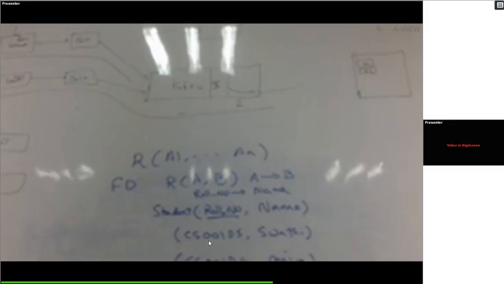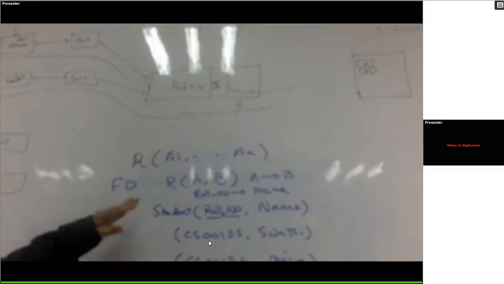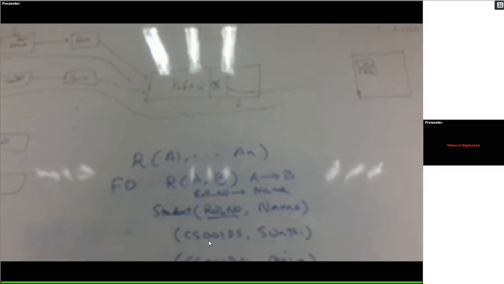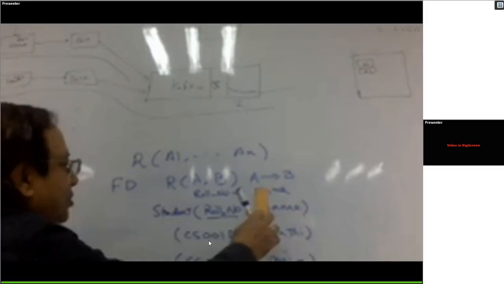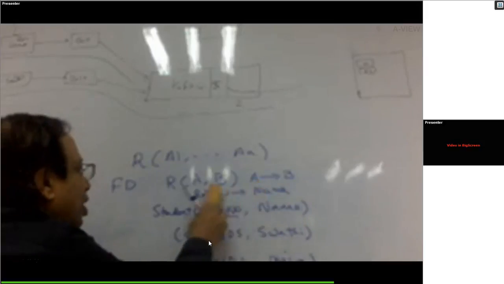Now what we are going to do is, when we are trying to come up with relations, we are going to look at the relations, the attributes, and the functional dependencies to see whether whatever we come up with as tables or relations are good or bad. That's the key thing to understanding the whole relation and why these functional dependencies are important.